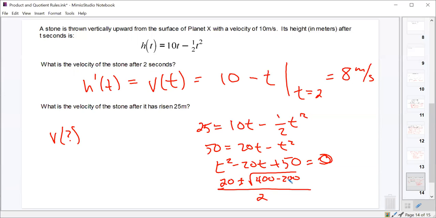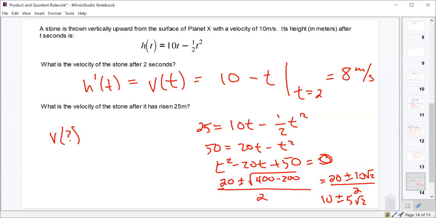And 400 minus 200 is 200, and the square root of 200 is 10 root 2, so we got 20 plus or minus 10 root 2 all over 2, or 10 plus or minus 5 root 2. And which of those are we going to be looking at after it has risen 25 meters? Will that be 10 plus 5 root 2 or 10 minus 5 root 2?